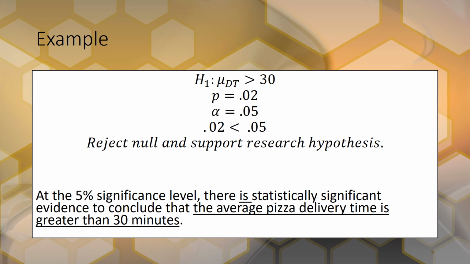But you want to say something about the average and describe what average you're talking about. Put greater than, less than, or not equal to. And then put the number and then the units for that number. Now, if you had a not equal to hypothesis here, then you probably want to write another sentence that says if it's greater than or less than. So if it was not equal to, you would say something like, the average pizza delivery time was not equal to 30 minutes. In fact, it was greater than 30 minutes.